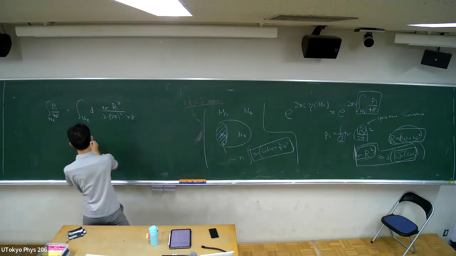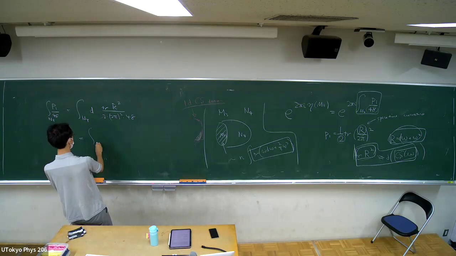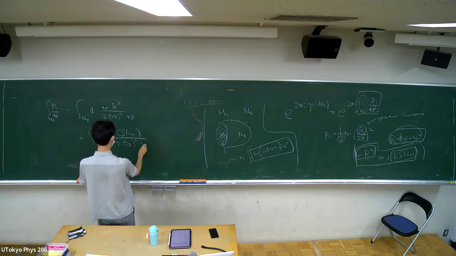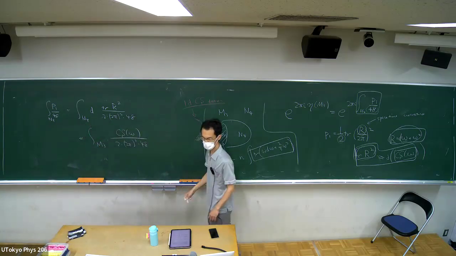But I mean, this is M3 Chern-Simons form of omega over 2 pi squared 48, right?